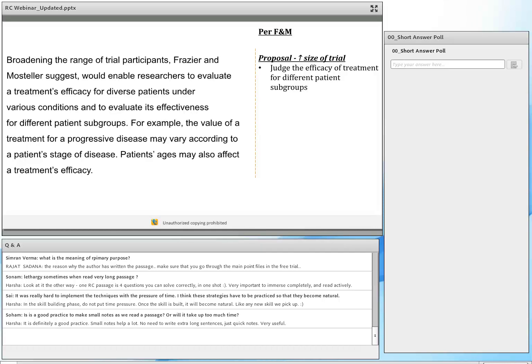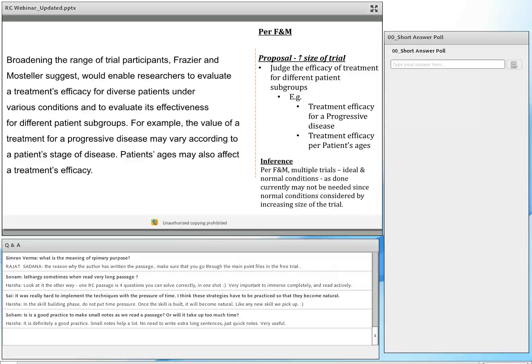So what's going to happen? If you increase the size of the trial, you'll be able to judge the efficacy for different subgroups. And then the author gives an example. He says the value of a treatment for a progressive disease may vary according to the patient's stage of disease, patient's age. He gives you two conditions under which may also affect a treatment's efficacy over here.